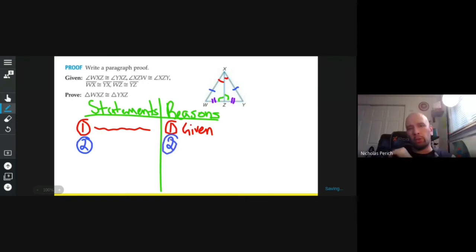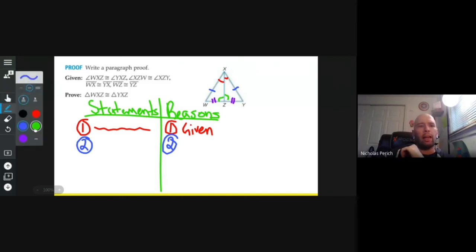All right, so since no one's going to say it, if X and Y, or these two guys are equal, and these two guys are equal, then the third angle theorem says that W and Y are also congruent.